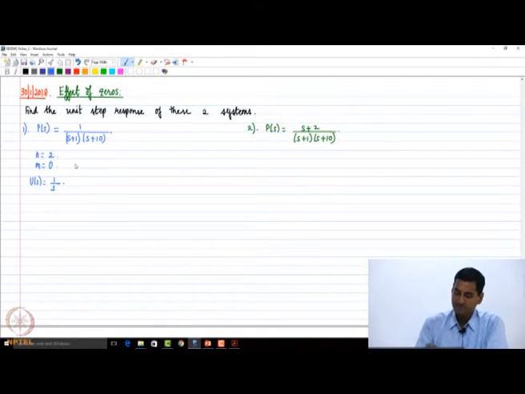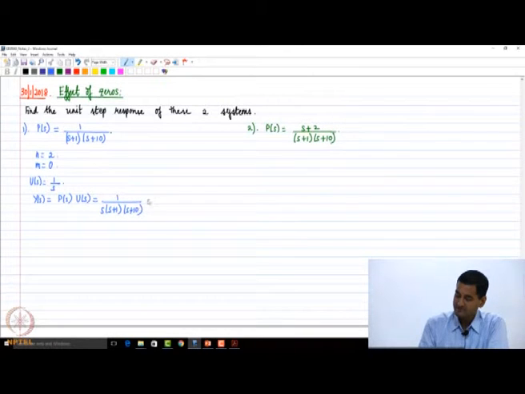Let's say I want to figure out the unit step response, so U(s) is 1 by s. What happens to Y(s)? It becomes P(s) times U(s). So I get it as 1 divided by s times (s plus 1) times (s plus 10). This is going to be A by s plus B by (s plus 1) plus C by (s plus 10).